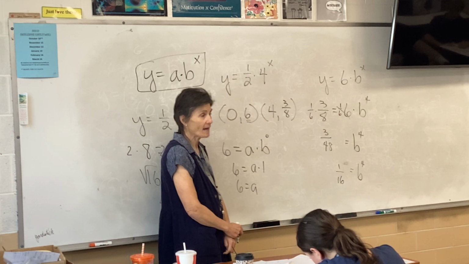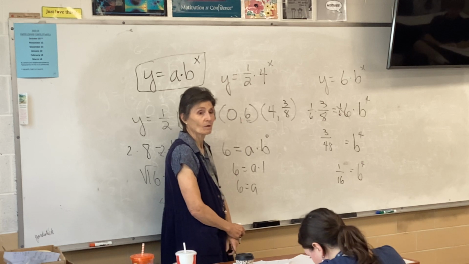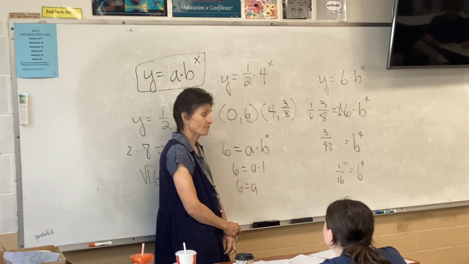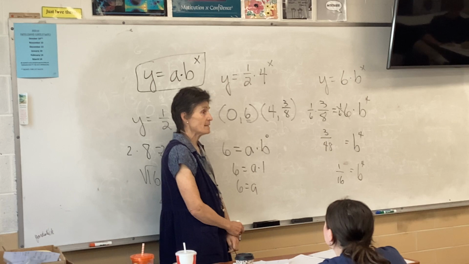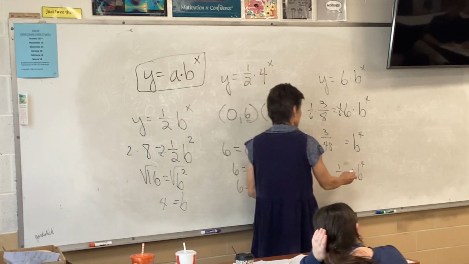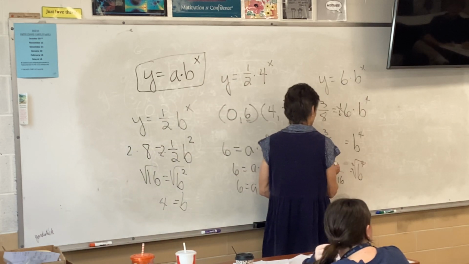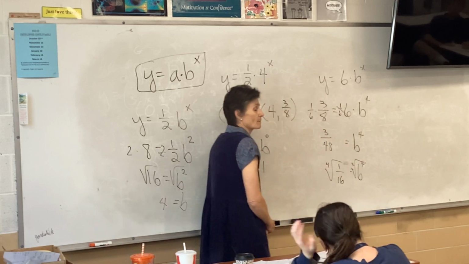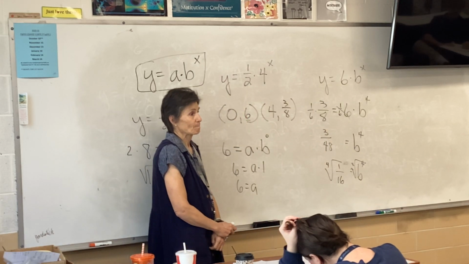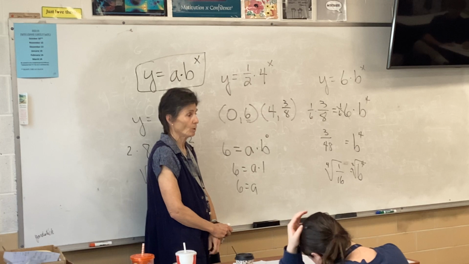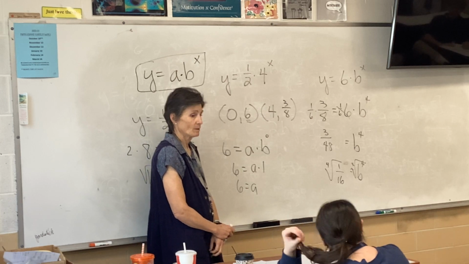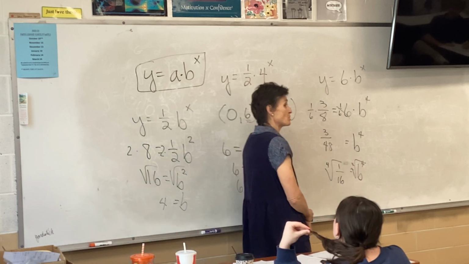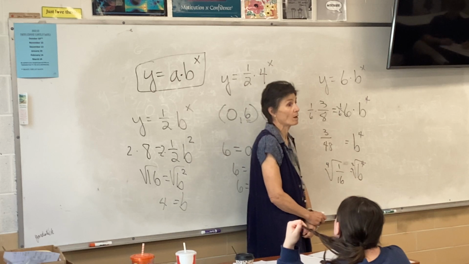How do I solve that? I need to solve for B, so how do I get B by itself? I have to 4th root. What's the 4th root of 1/16? Not 1/4. The square root would be 1/4.